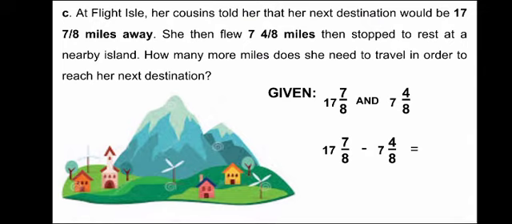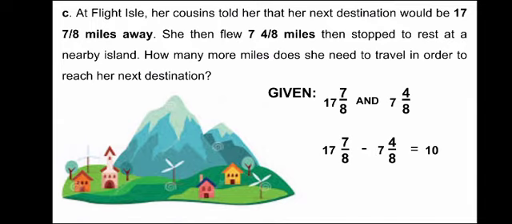So we have here mixed numbers. So the method that we're gonna use is similar to how we add the mixed numbers a while ago. We do the fractions part and the whole numbers separately. Since they have the same denominator, we're just gonna directly copy the denominator. So we have here the whole numbers 17 minus 7 is equal to, yes, we have 10.